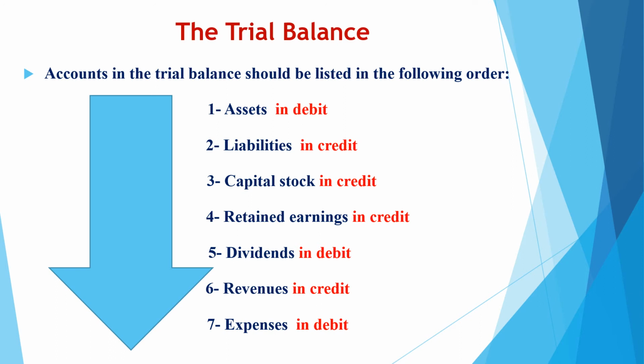Regarding the account balances, we put the balances of the assets, the dividends, and the expenses in the debit column, since these accounts have a debit normal balance. Regarding the balances of the liabilities, the capital stock, the retained earnings, and the revenues accounts, we put them in the credit column since these accounts have a credit normal balance.